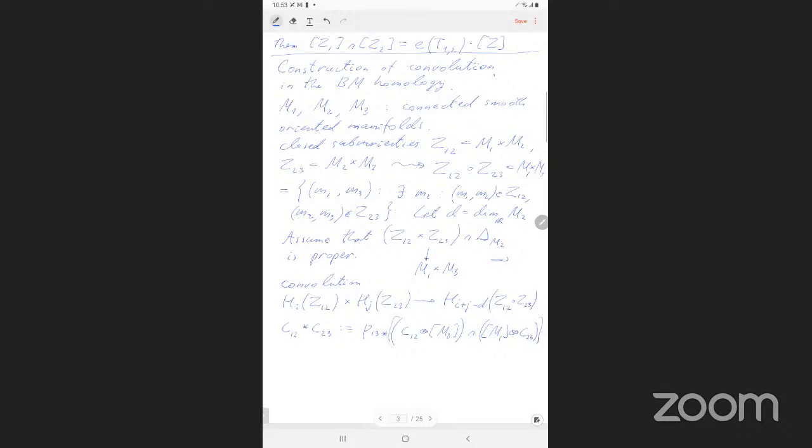Okay. So there we are. And this was some crash course on Borel-Moore homology. I listed all their basic properties and defined some convolution. And now we can recall the theorem we are in the process of proving.